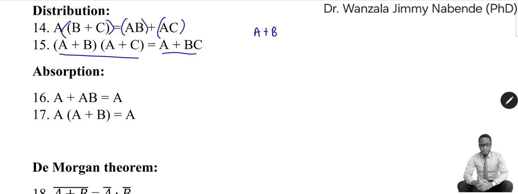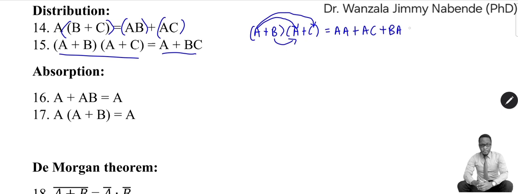A plus B, A plus C is equal to, if we open the brackets, A times A multiplying this, plus A times C multiplying this, then plus B times A plus B times C. But remember, A times A is A, then plus AC plus BA plus BC.